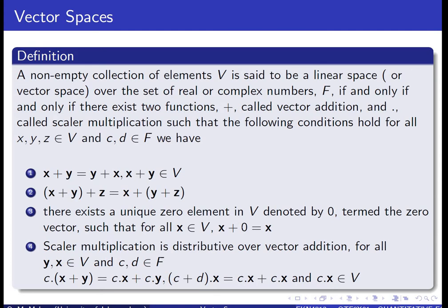A non-empty collection, we go on to vector spaces. A non-empty collection of elements V is said to be a linear space or vector space over the set of real or complex numbers F if and only if there exist two functions, plus called vector addition and dot called scalar multiplication, such that the following conditions hold.